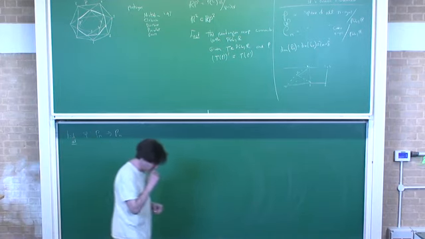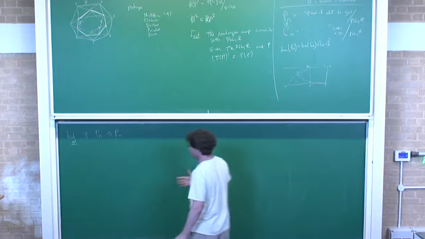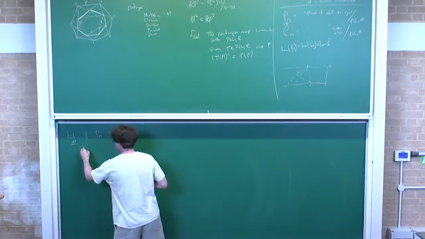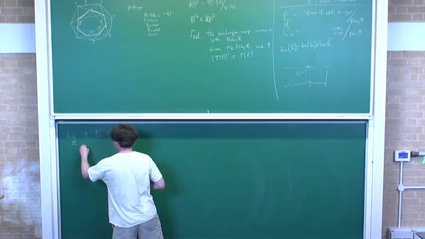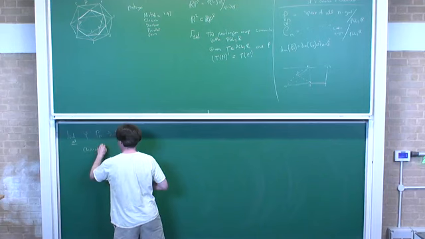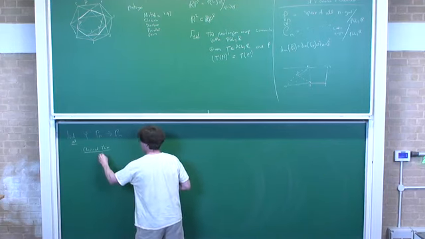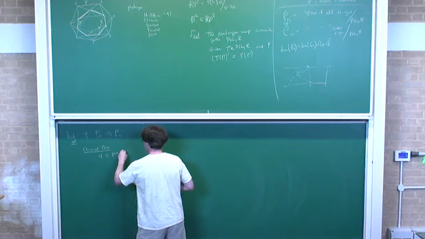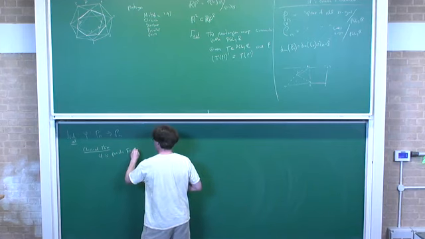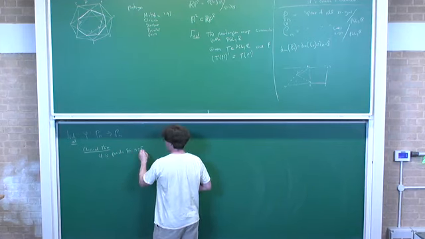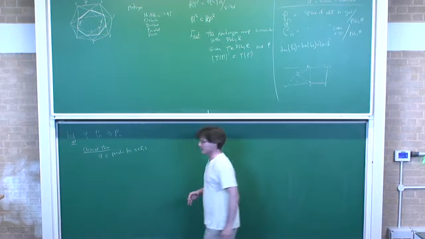So I'm going to give you a proof that this map is periodic for n equal 5. So a little fact, just call it classical: it's periodic for n equals 5 and n equals 6.